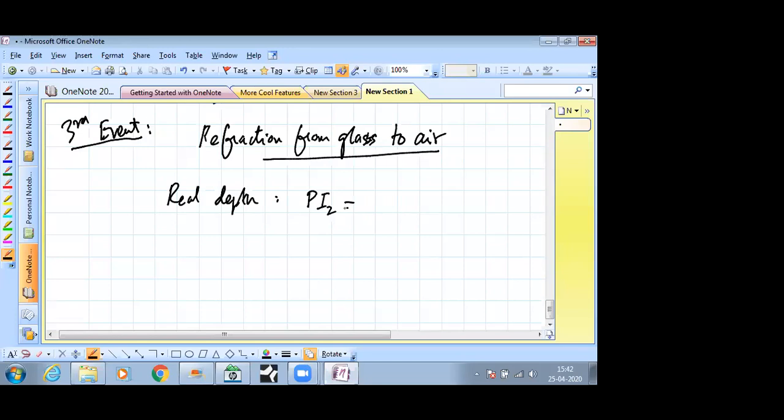If you go back, you can see I2 was 51 centimeters behind the mirror, and the glass was 24 centimeters in front of it. So from the glass-air interface, the distance of I2 is 51 plus the distance between the two sides of the slab, which is 24. So that is coming out to be 75 centimeters.